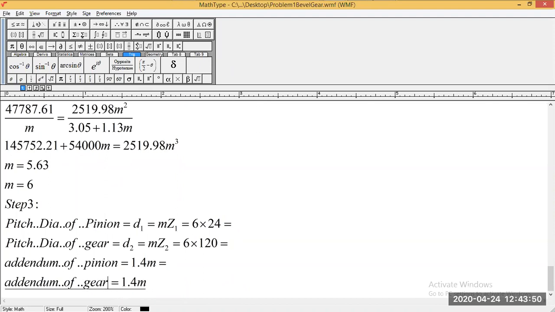Addendum of gear is not 1.4, it's 0.6 times module. We find that also.